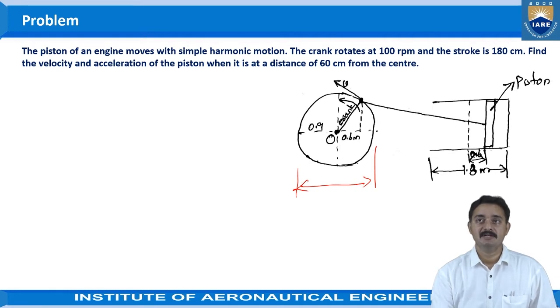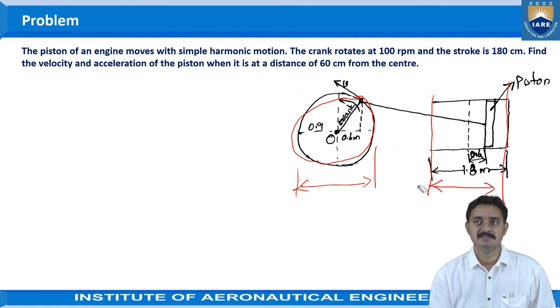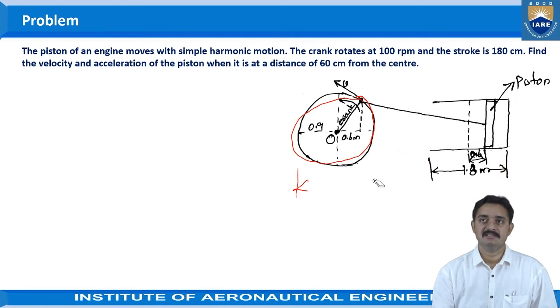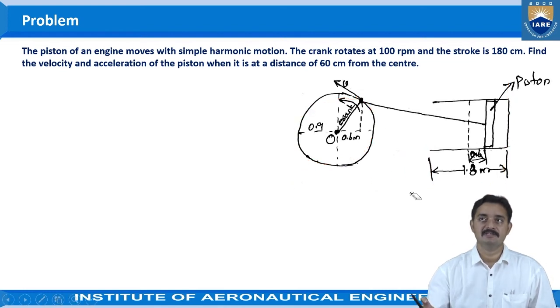Whatever diameter of this rotation it is having, we can consider the movement of the piston will be that much as per the given connections, isn't it? So this is the consideration which we take, and now let us go to find the velocity and acceleration of the piston.